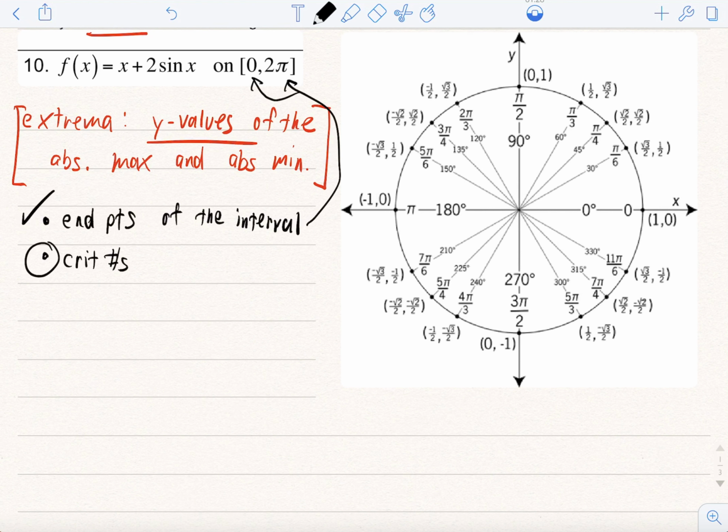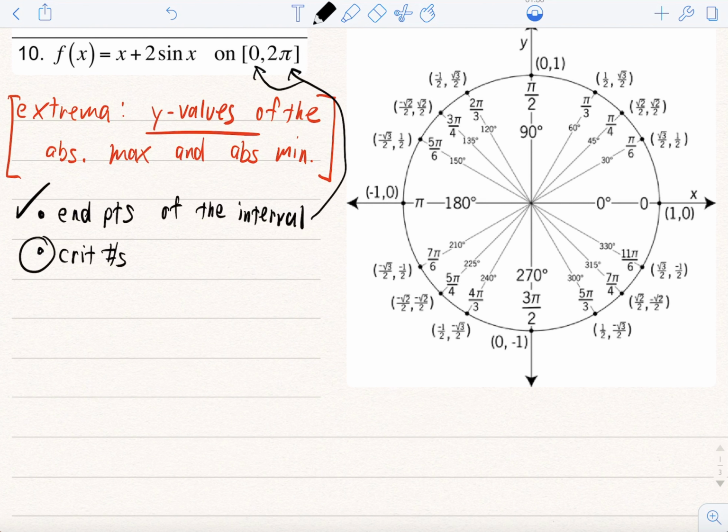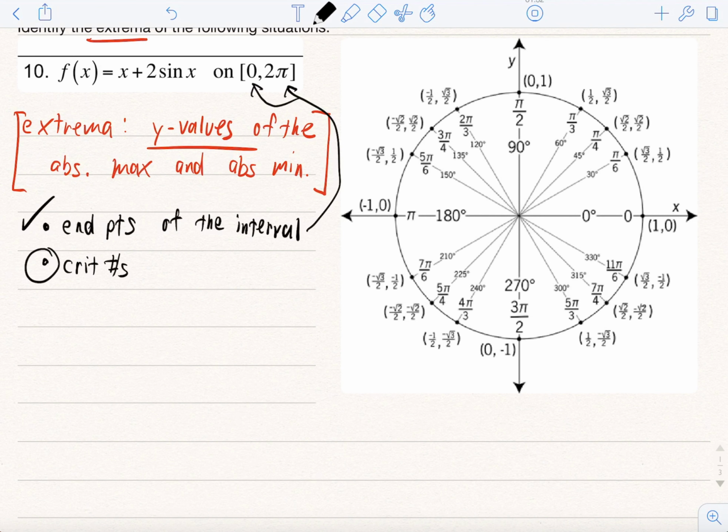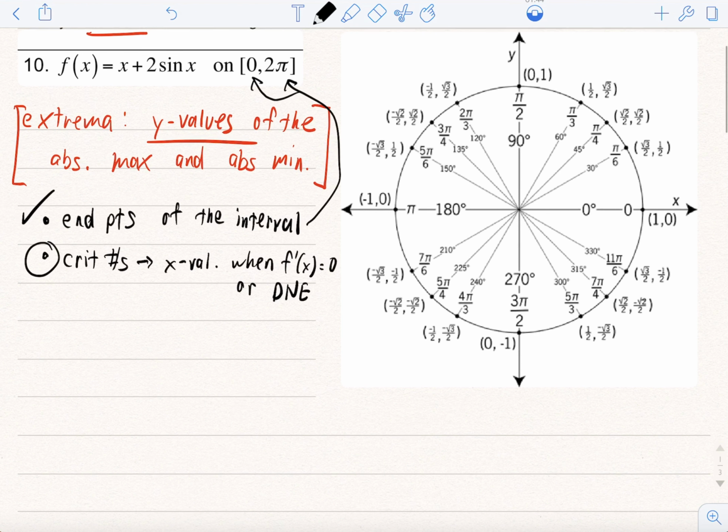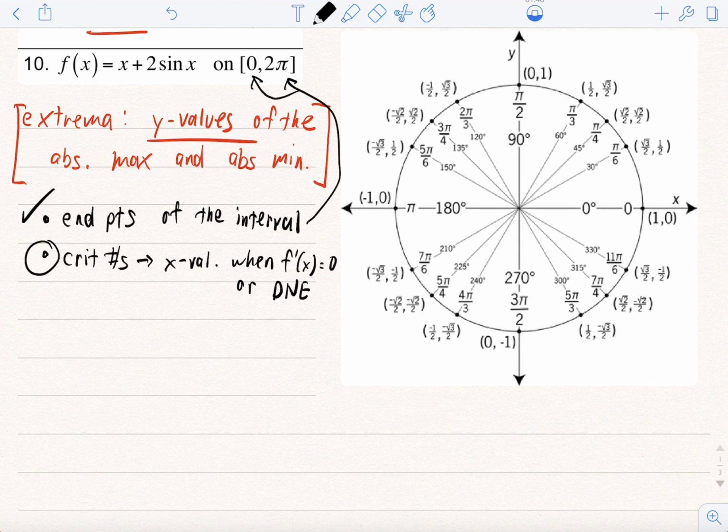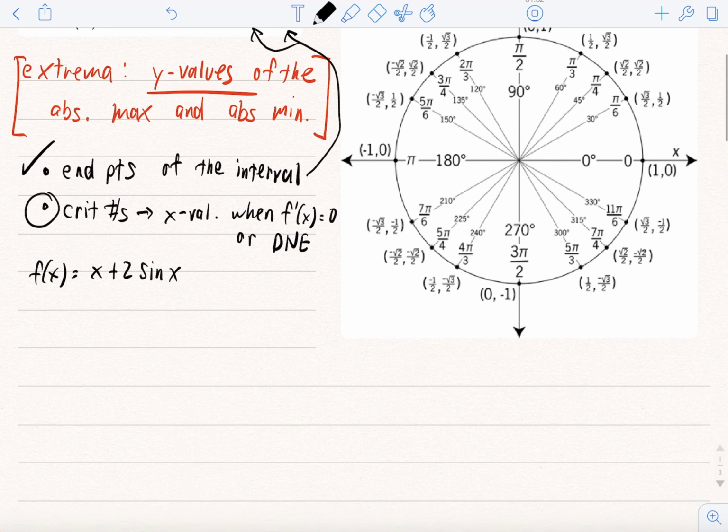To find the critical numbers, to remind ourselves, critical numbers are the x values where the derivative is equal to 0 or does not exist. So let's find the derivative. We know that f of x is equal to x plus 2 sine of x.